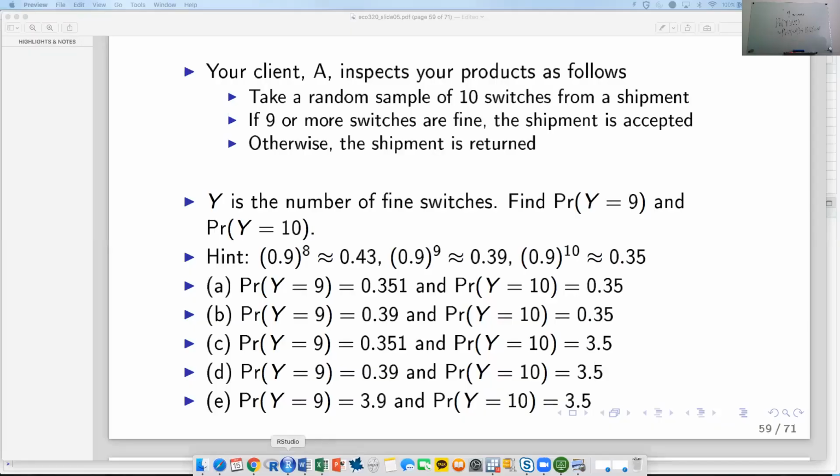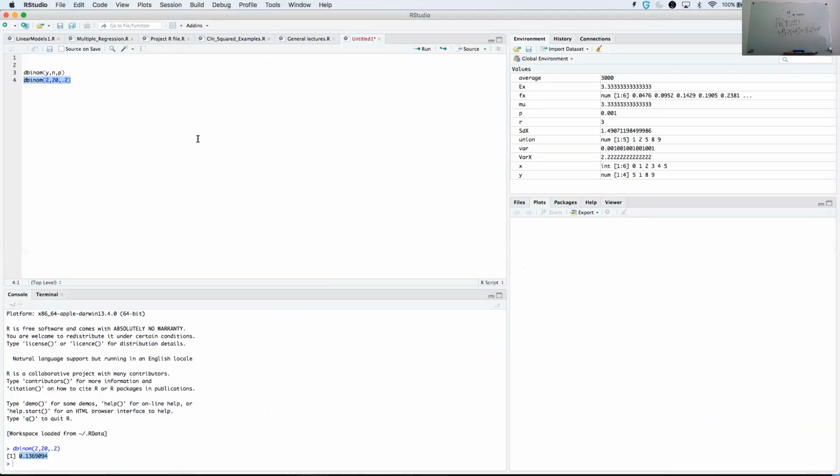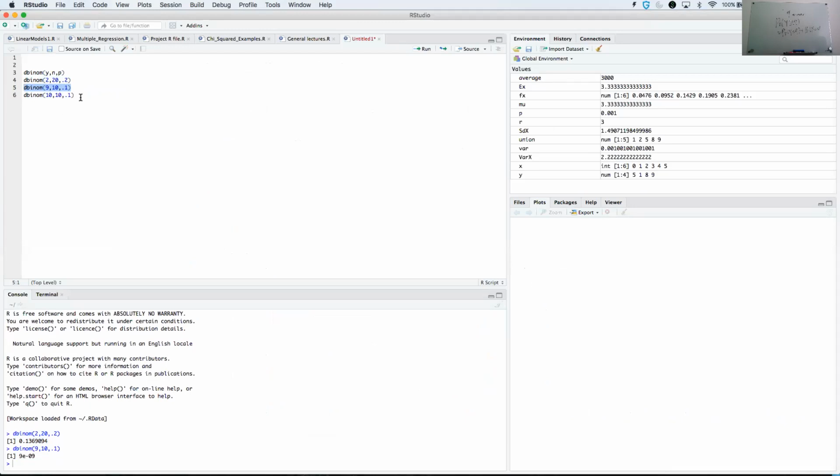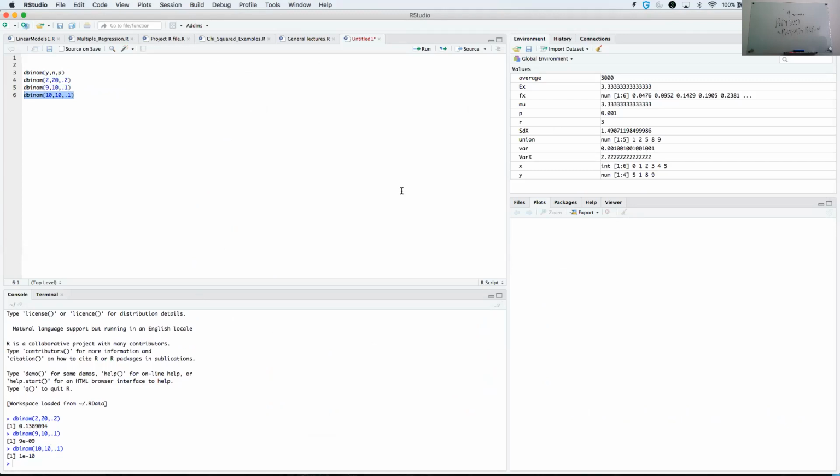So let's look at the R program. Using the binomial, what was y? y was 9. What is n? n is 10. What was p? p was 0.1, right? And we are looking for this one plus 10. Actually, we don't have to add them; we can show them separately. This would be this number, and this would be this number.